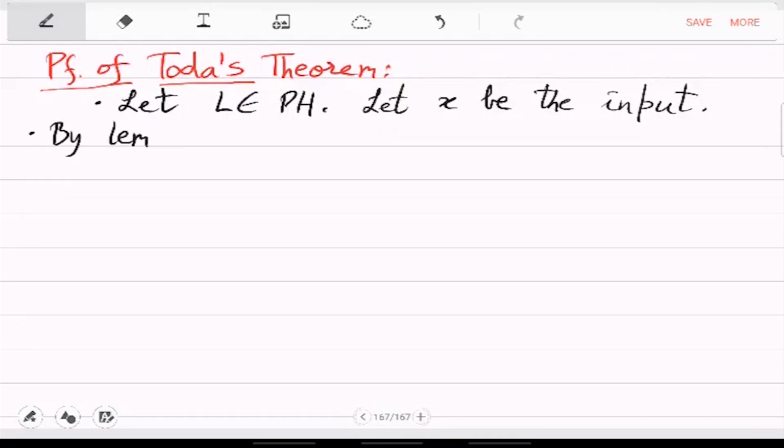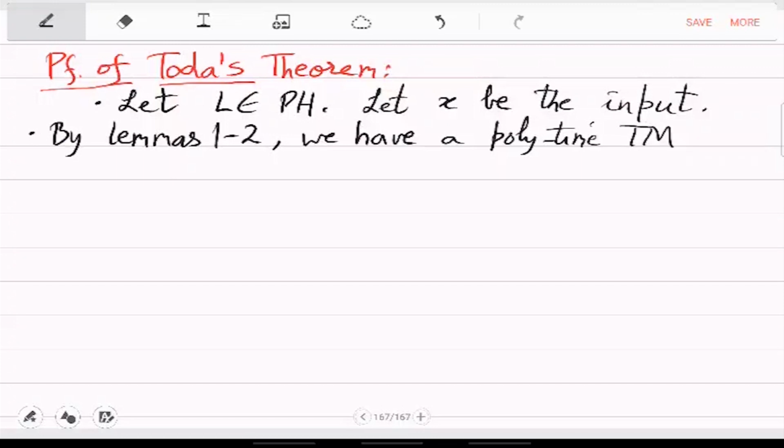So by lemmas 1 and 2, what you get is we have a polytime Turing machine, in fact NDTM, because it's to do with counting the number of paths.